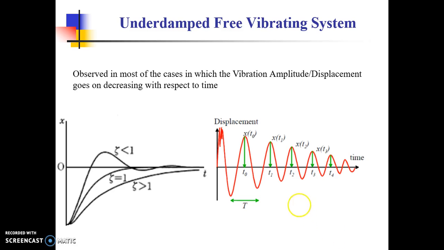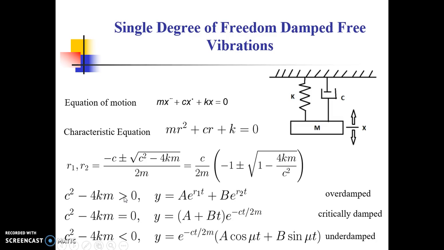In those cases, as we have seen, when c square minus 4km is greater than 0, the system is over damped. When it is equal to 0, the system is critically damped, and when less than 0, the system is under damped.